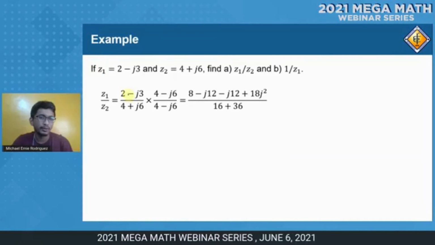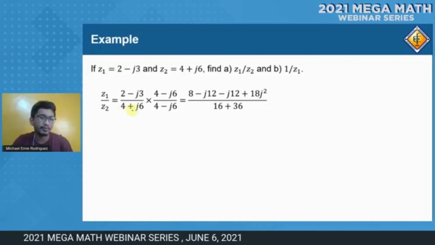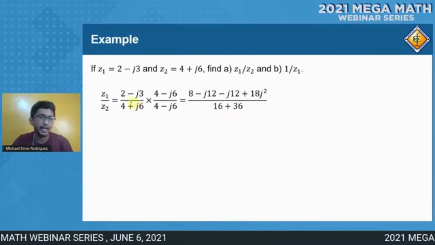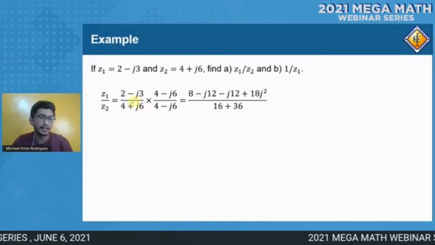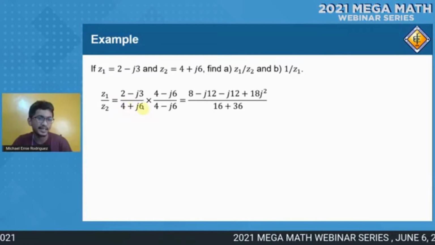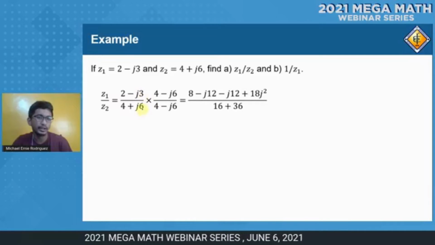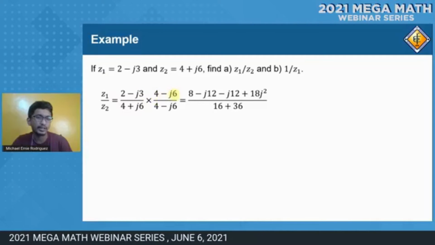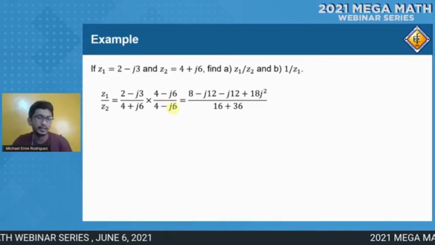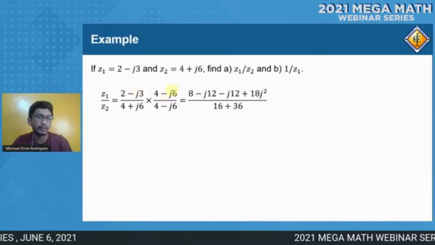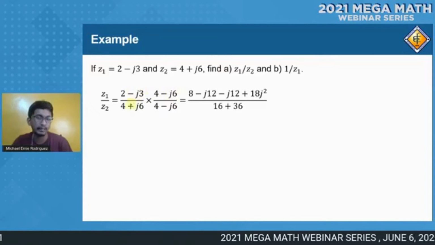So we have 2 minus J3 divided by 4 plus J6. Getting the conjugate of 4 plus J6, that is 4 minus J6. We multiply both numerator and denominator by 4 minus J6 over 4 minus J6. Then we apply the FOIL method on both numerator and denominator.